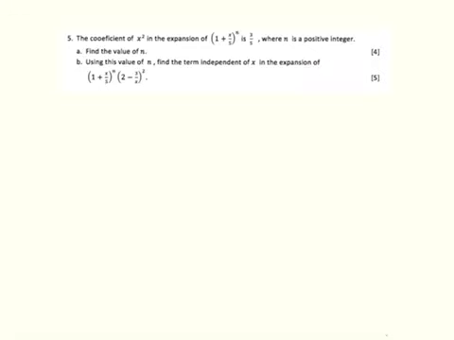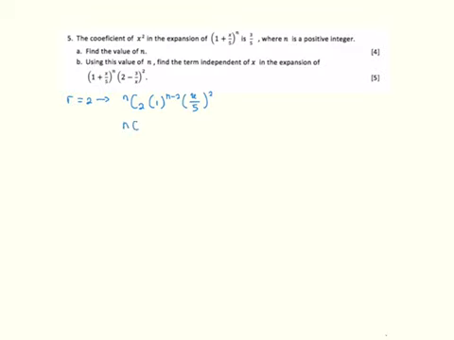To get x squared from the expansion of (1 + x/5)^n, r is equal to 2. Then I put into the formula nCr, nC2, a to the powers of n minus 2, b to the powers of 2.